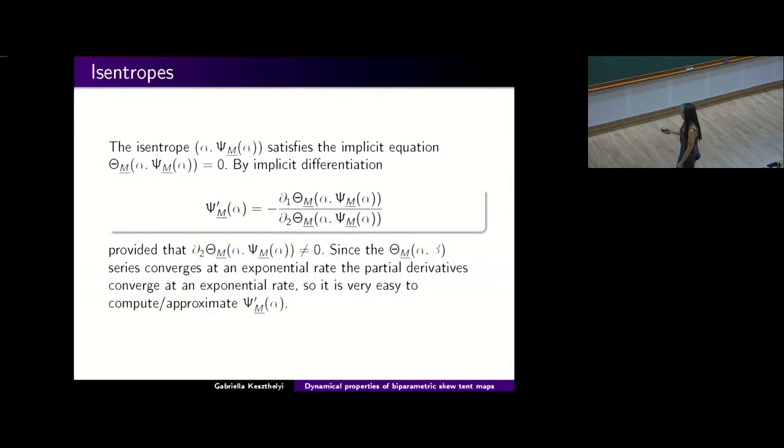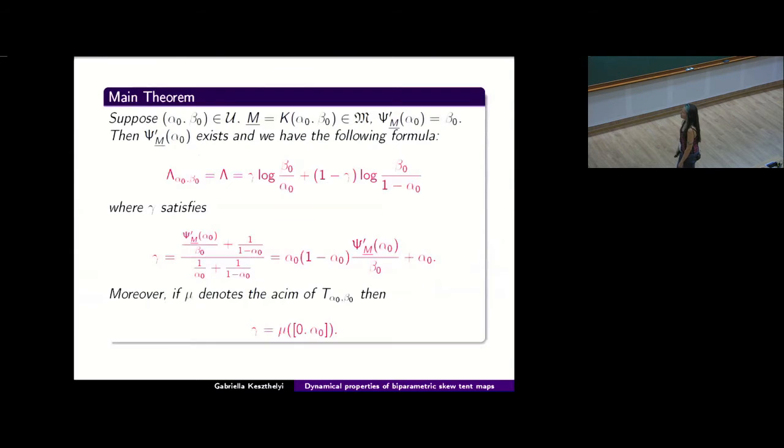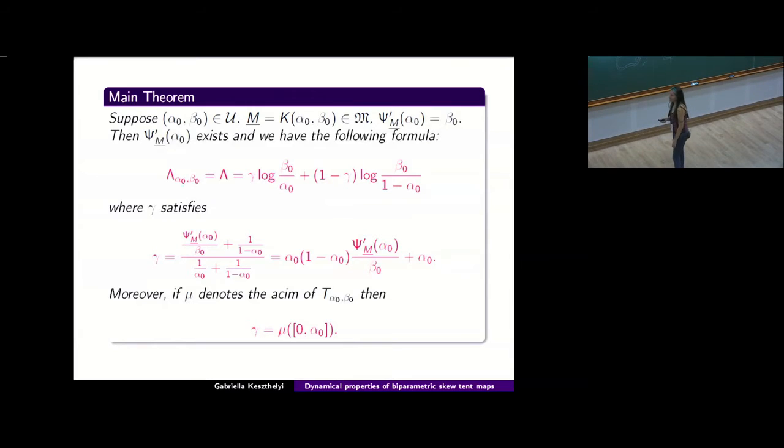And what is the claim here is this. This is the Lyapunov exponent we have. This is the suitable gamma expressed by the derivative of the isentrope. And what's more, unfortunately, I don't really have time to talk about this, but gamma is also mu 0 alpha, where mu is the absolutely continuous invariant measure.